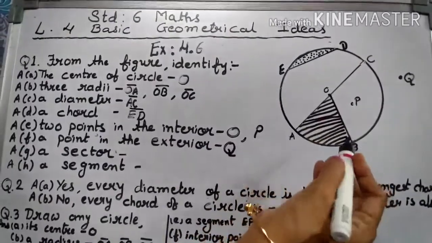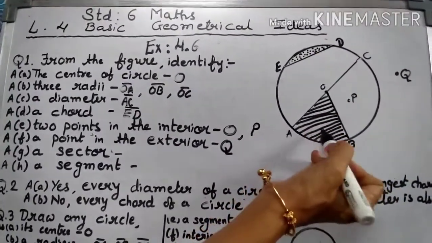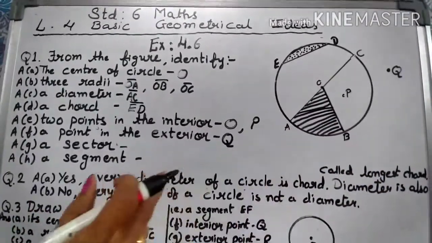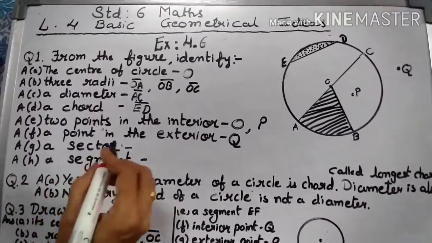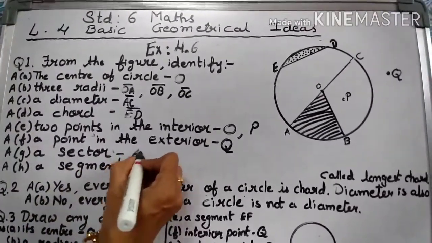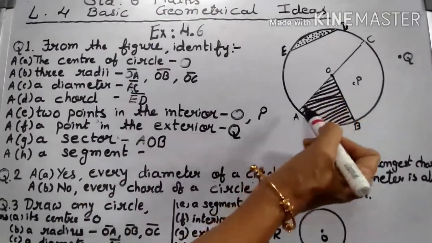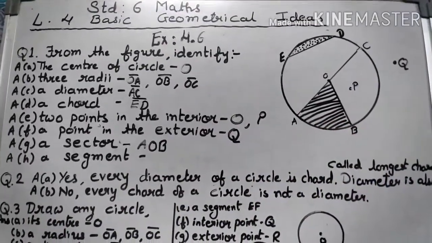These are the 2 radii and arc AB. So, this region is your sector. This shaded part is the sector. So, you can write sector AOB. AOB is the sector of the given figure.